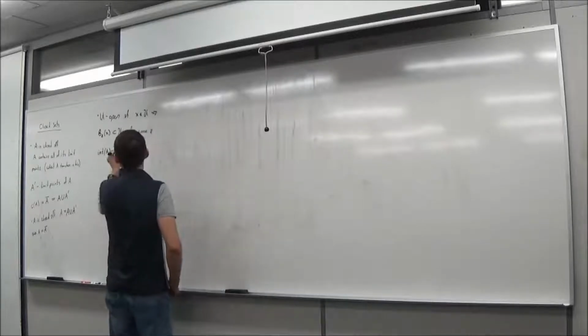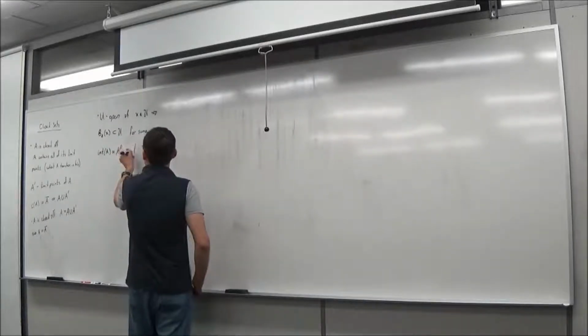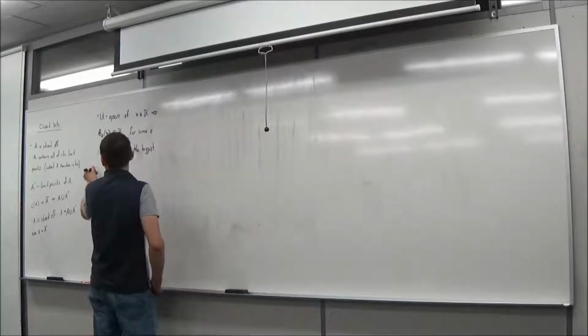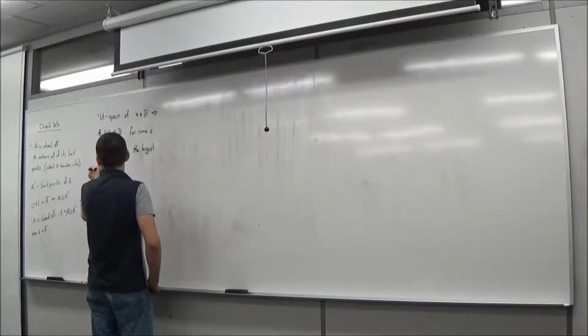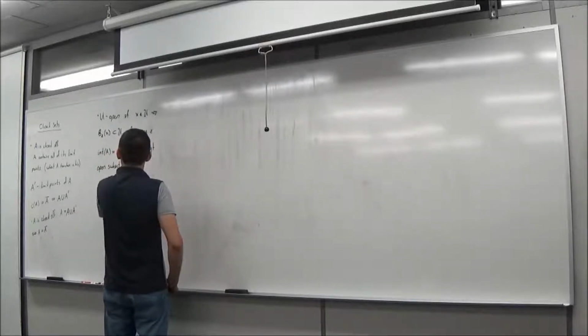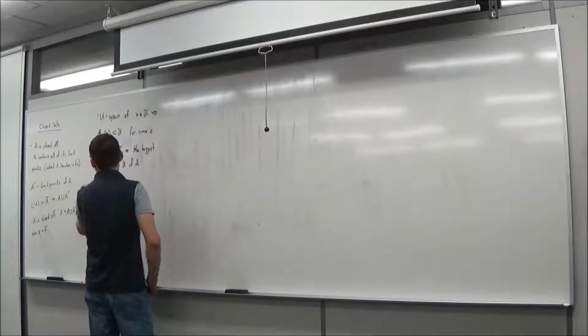And that means the biggest open set, or open subset, U of A. And what's the easy characterization of A interior?